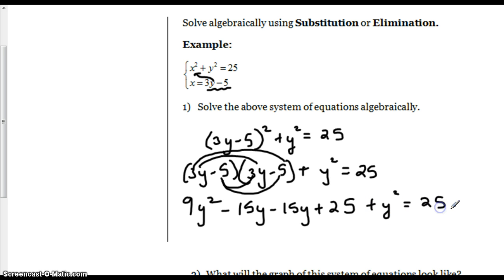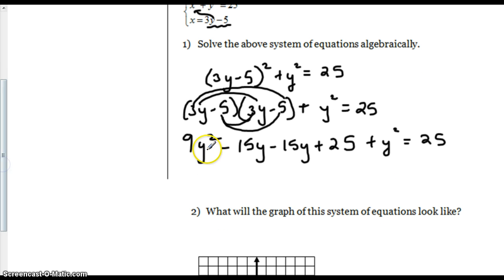Okay. So now we have a quadratic. So remember, anytime we have a quadratic, we're going to set the whole thing equal to 0. So most of our items are on this side. The only thing I need to move to the left side is this 25. But before we do that, let's combine some like terms.